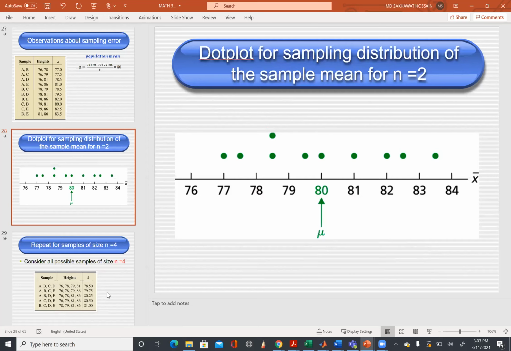Now you can see this is our population mean, and this is our sample mean for each sample. We have a total of 10 samples, and just one mean is exactly equal to 80. The other means are different from 80. So the sample mean has some deviation from the population mean. This deviation is called the sampling error.